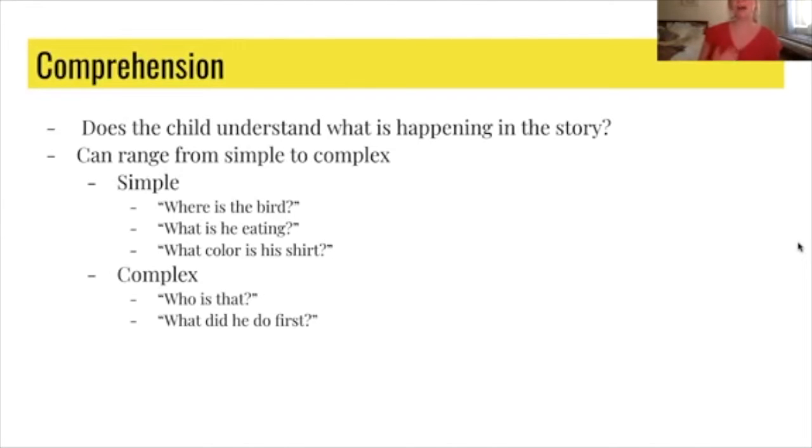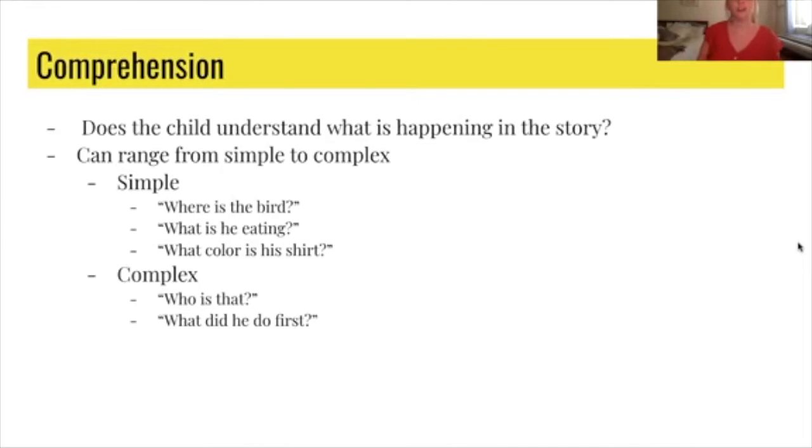A couple of better simple questions you could ask are, where is the bird? What is he eating? Because that's going to require the child to look a little bit closer at what's happening in the book, and they might have to draw conclusions, because if the bird flew into a nest, maybe the kid is going to say, oh, he's in a tree.